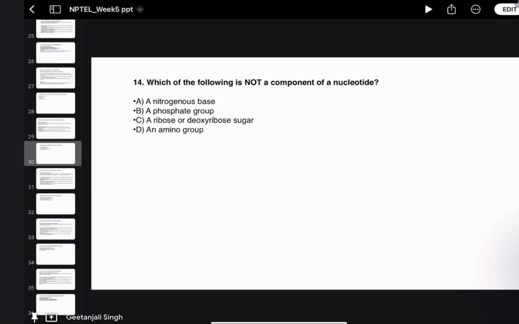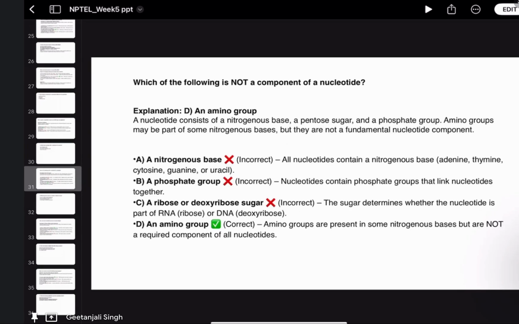The next question is which of the following is not a component of a nucleotide? A nitrogenous base, a phosphate group, a ribose or deoxyribose sugar, or an amino group. Yes, that's the correct answer.